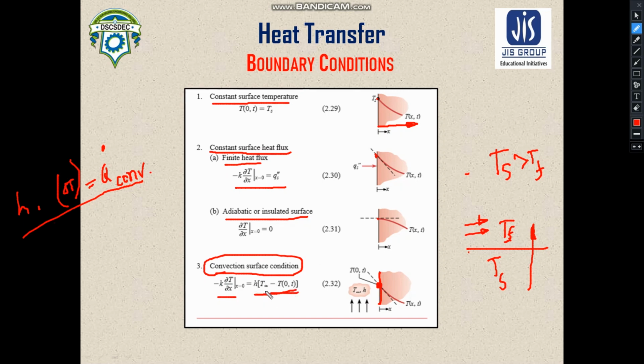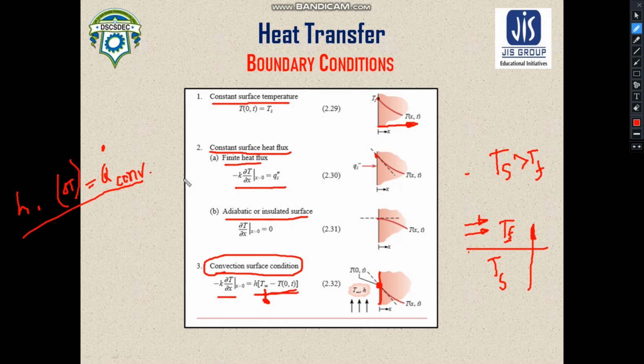So this is the fluid temperature. Here you can find out the temperature difference between the two surfaces, the ambient one, which is denoted by T infinity, and this is your surface temperature Ts at the interface, mind it, and this is your conduction heat flux when x is taken 0.